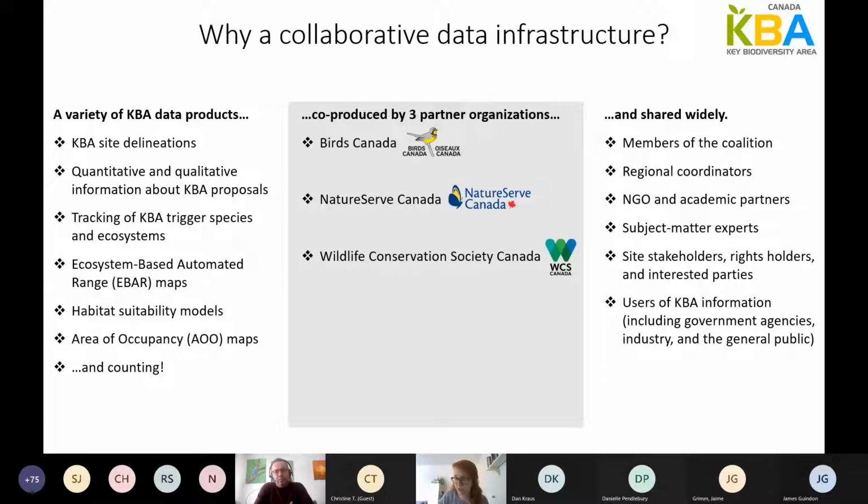We want to share these products, of course, with NGOs and academic partners, with subject matter experts who help us review KBA proposals during the KBA identification process. We also share information with sites, stakeholders, rights holders, and other interested parties. And finally, of course, end users of KBA information also need access to this data.